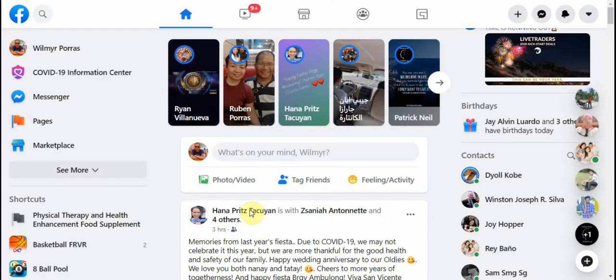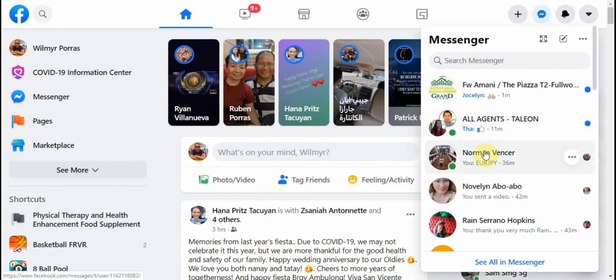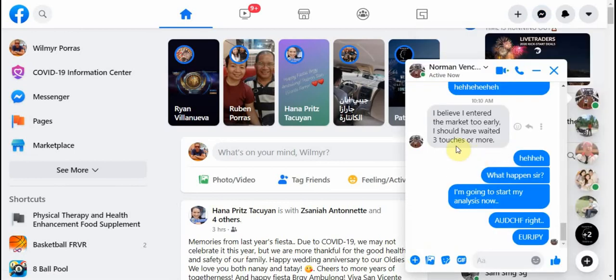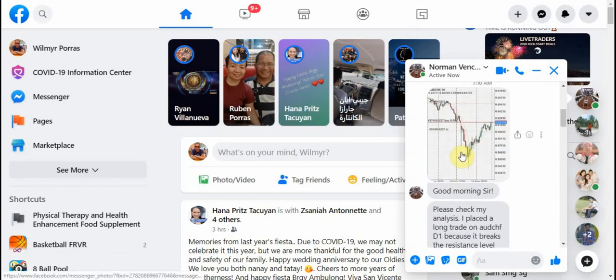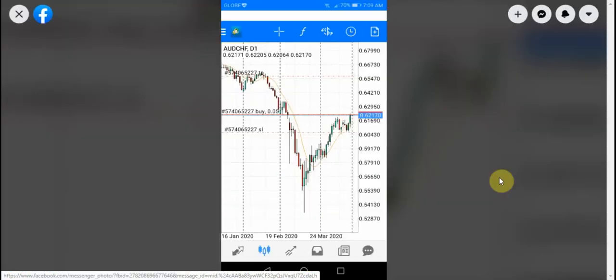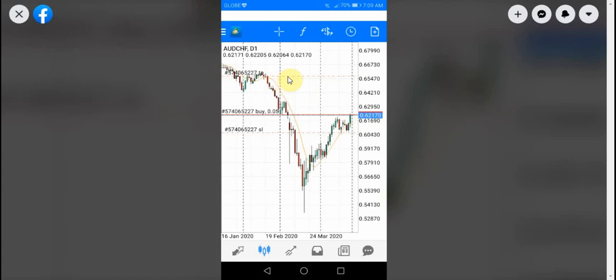Let me check his profit target right here. All right, he's targeting the previous level at around 65470. This is the profit target that he has.